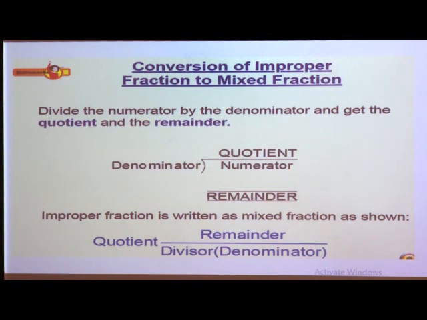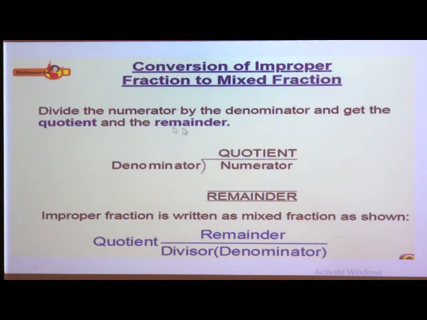Now you can see here conversion of improper fraction to mixed fraction. When we have to convert any improper fraction to a mixed fraction, what do we have to do? We have to divide the numerator by the denominator and get the quotient and the remainder.